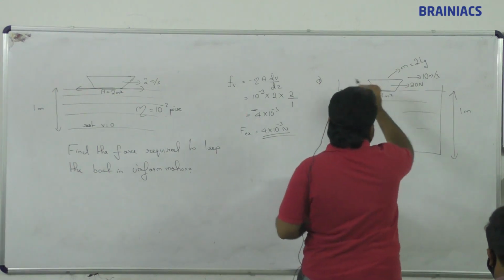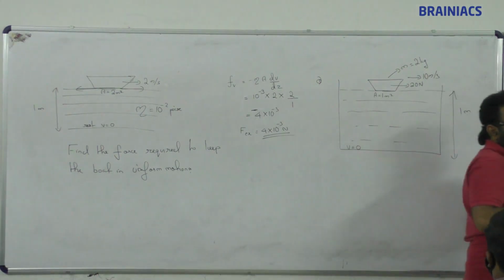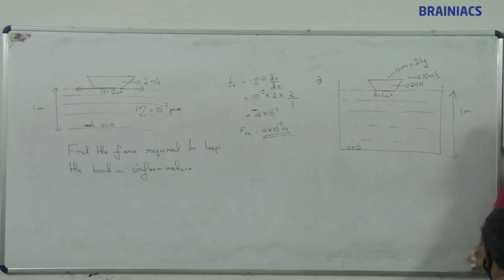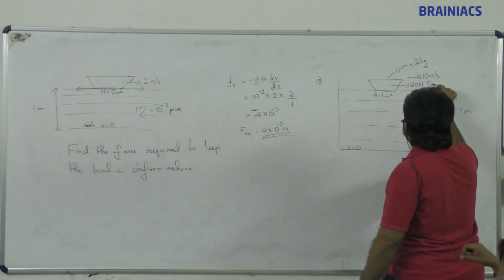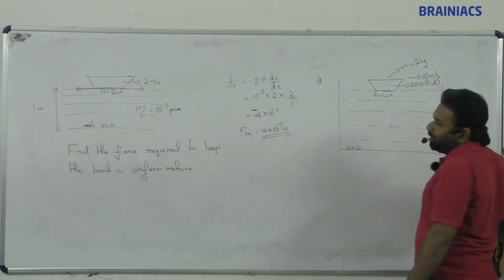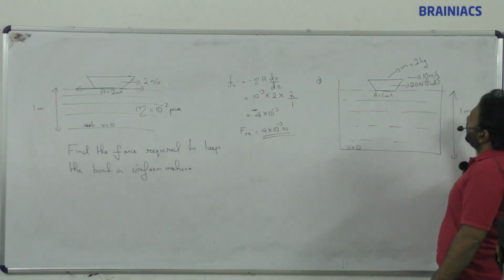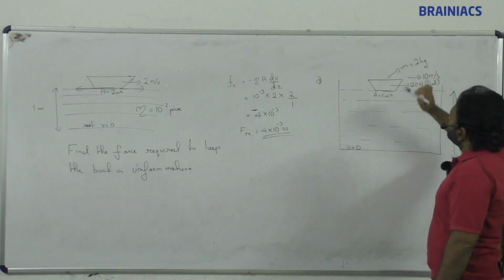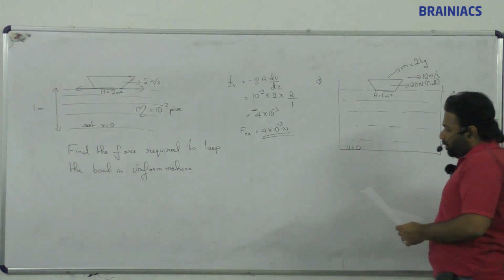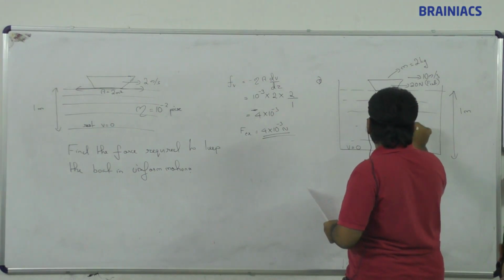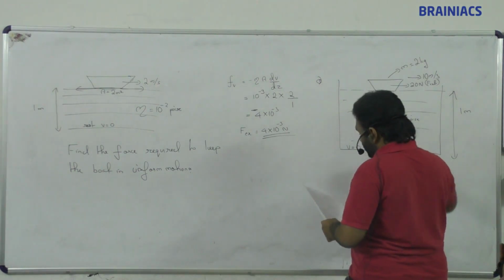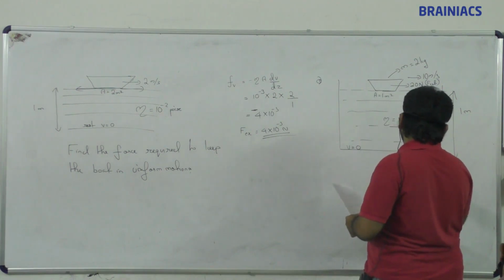So imagine this is a toy boat. In a container full of water, a toy boat is there. External force we are applying is 20 Newton. This is moving at 10 meter per second. Mass of this is 2 kilogram. So eta viscosity is 10 poise. Okay, find the acceleration of boat.